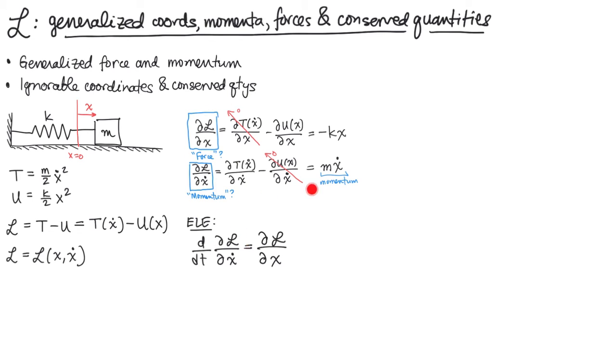I've just moved and shrunk these a little bit. If it's true that these two partials correspond to force and momentum, then what does the Euler-Lagrange equation say? It's going to say the time derivative of the momentum is equal to the force.